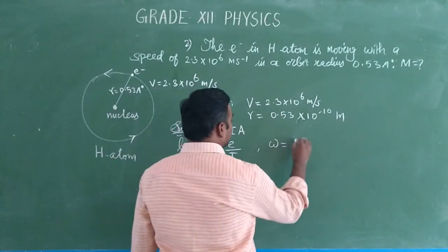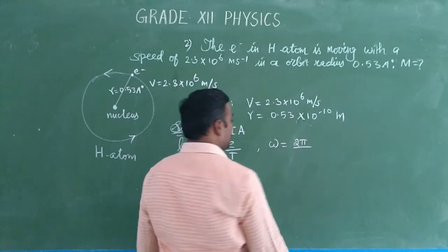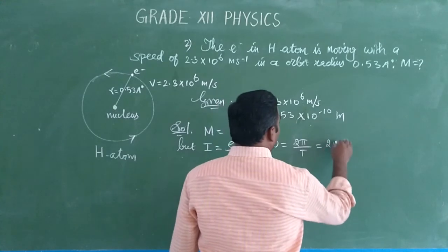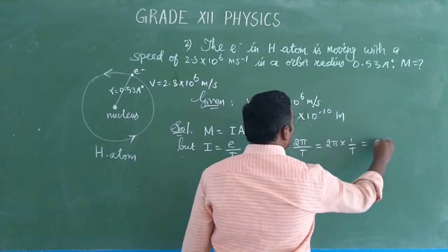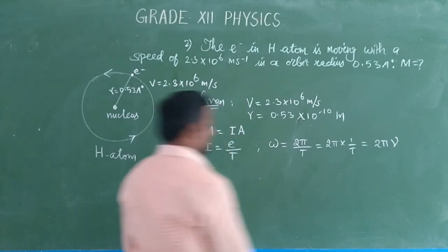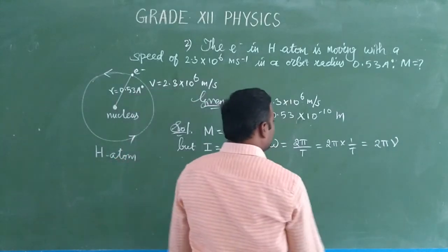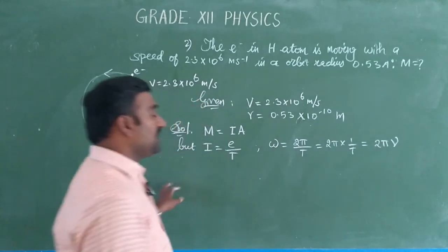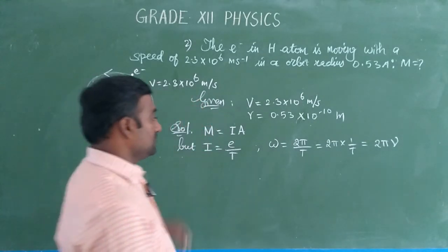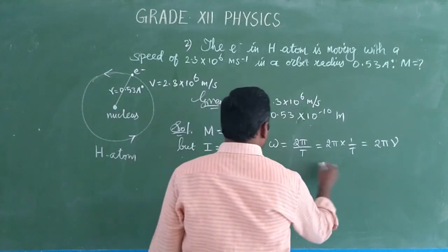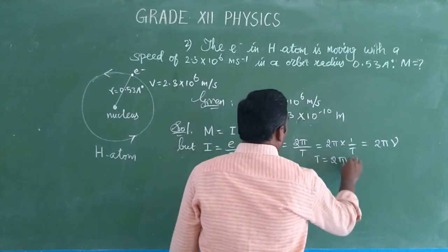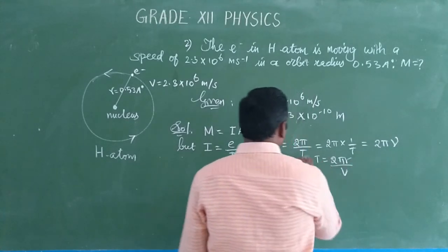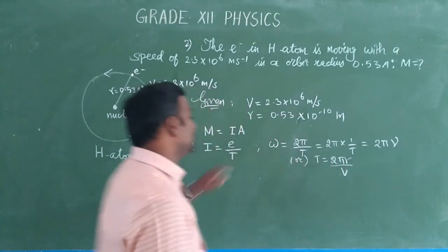The angular velocity is angular displacement by time, which is equal to 2 pi into 1 by T, which is equal to 2 pi nu. Okay, so what is T? T is equal to 2 pi r by v. This is another expression for the time period.